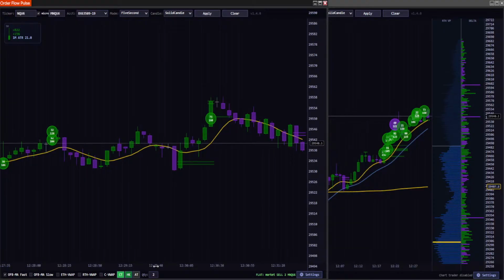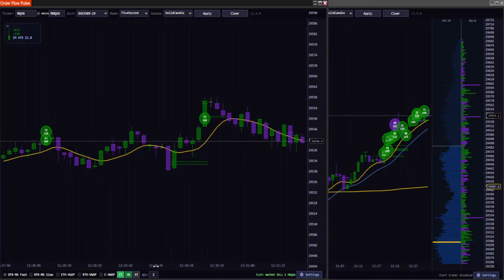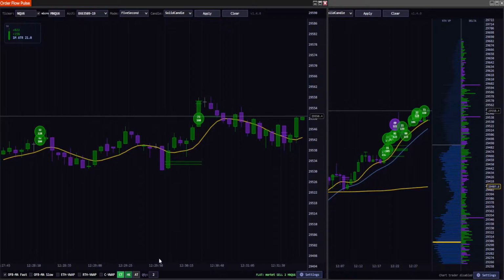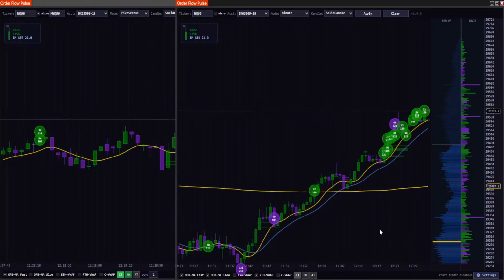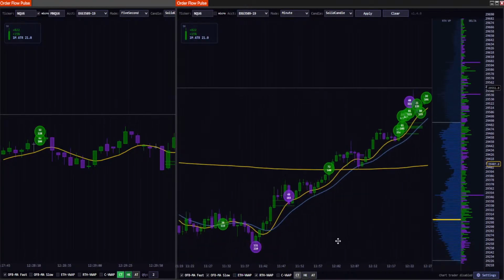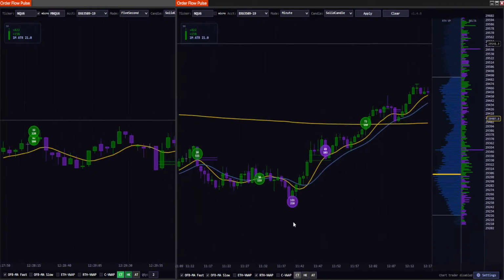You ain't the only one selling the lows and buying the highs. You got desk traders at these institutions doing it. Look, it's 210 sell, and we closed above it.